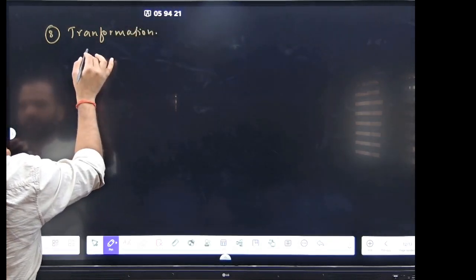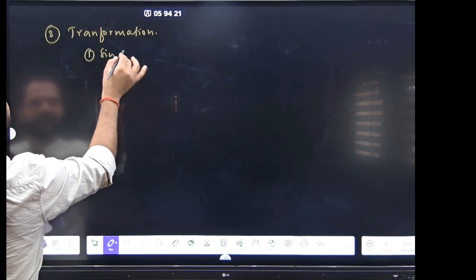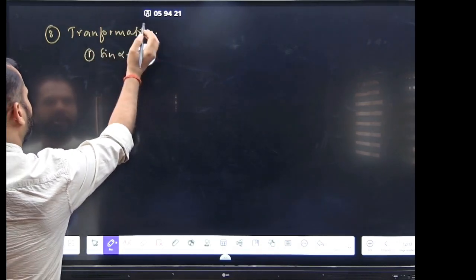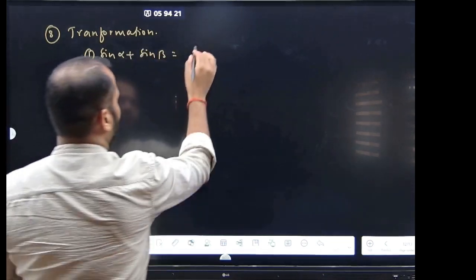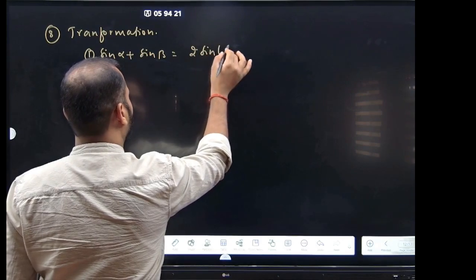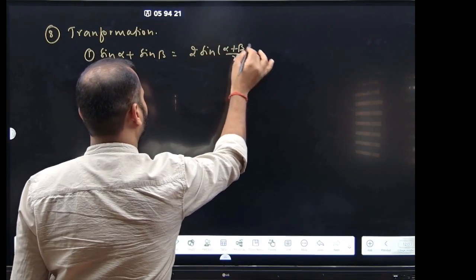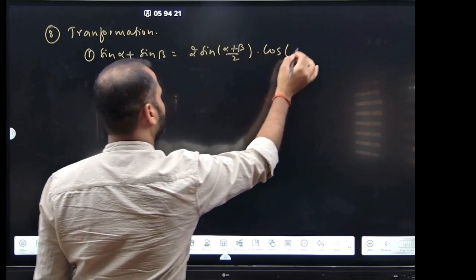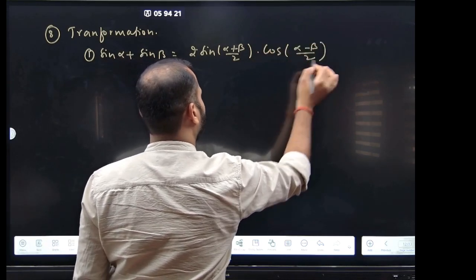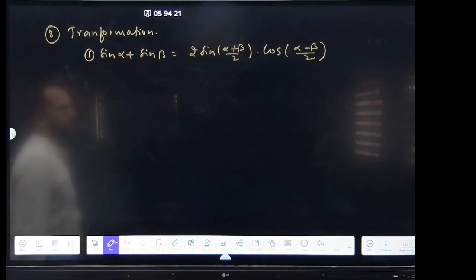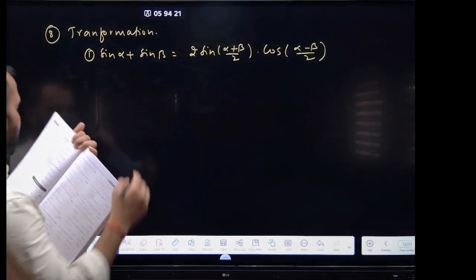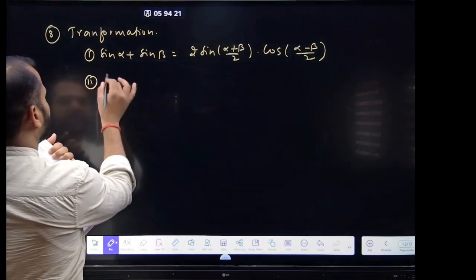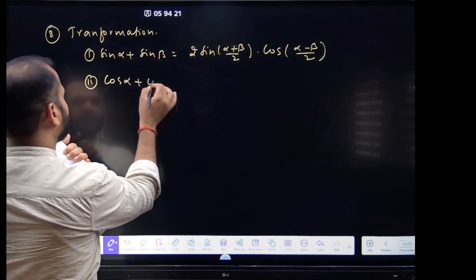Just see which are the formulas. First I am writing sin alpha plus sin beta, how much will it be? The formula is 2 sin (alpha plus beta) by 2 into cos (alpha minus beta) by 2. That is the meaning: transformation from sum to product you can convert. Similarly, the second one is cos alpha plus cos beta.